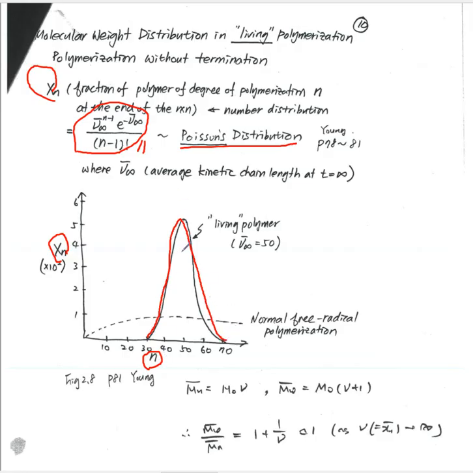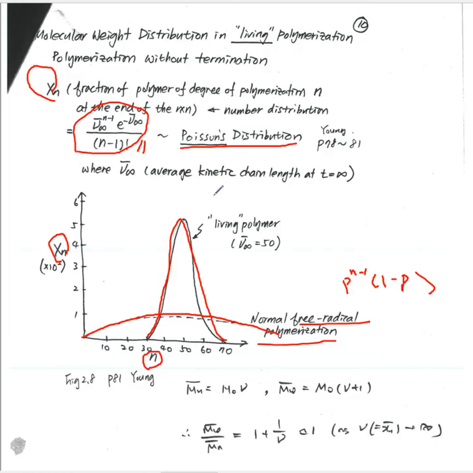If you compare this with normal free radical polymerization, which had the most probable distribution, remember, like p to the n minus 1 times 1 minus p, something like this, right? So that form has a much broader molecular weight distribution compared to anionic polymerization.